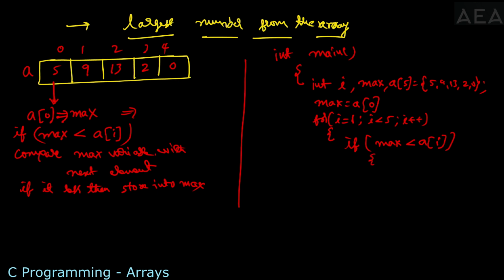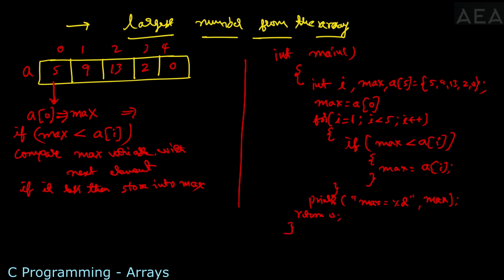If it is true, then we have to write max is equal to a of I. Otherwise, it is not required. Later directly closing this, then write the printf function. The largest number is an integer number, so %d, take that value from the max variable, so return 0. This is a simple program.